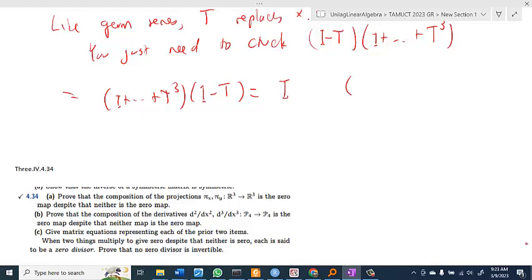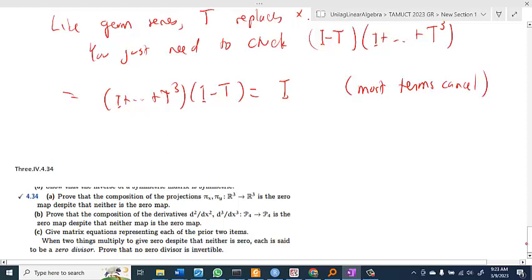And when you do the multiplication, there's a lot of matrix cancellation. Most of the terms cancel. And you can kind of see that. Multiply I by all of these, and then multiply T by all of them. And the intermediate terms are all the same. The only thing that's different is the I at the beginning and the T to the fourth at the end. But T to the fourth is 0.